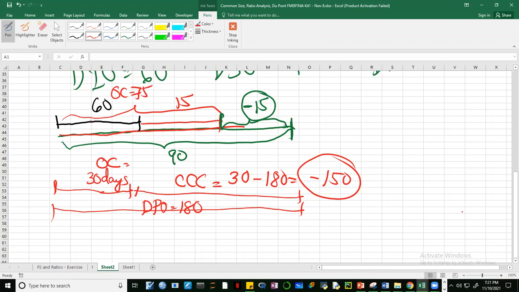Kaso nga lang, guys, ang downside nito, yung mga suppliers nila. Okay? Kasi ang ibig sabihin niyan, kalahating taon muna nila babayaran yung mga suppliers. So, pag masyadong malaki, guys, yung cash conversion cycle, there might be a danger there, no?